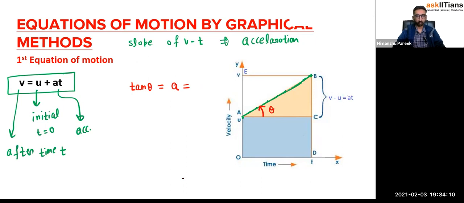We will talk about it very soon; it will be used in the next equations of motion. So tan theta is equal to acceleration, because the slope of the velocity time graph represents the acceleration, and slope is also represented by tan theta. Then tan theta would be equal to what? This height, because tan theta is equal to perpendicular over base. If you look at this triangle ACB, then tan theta is equal to perpendicular over base.